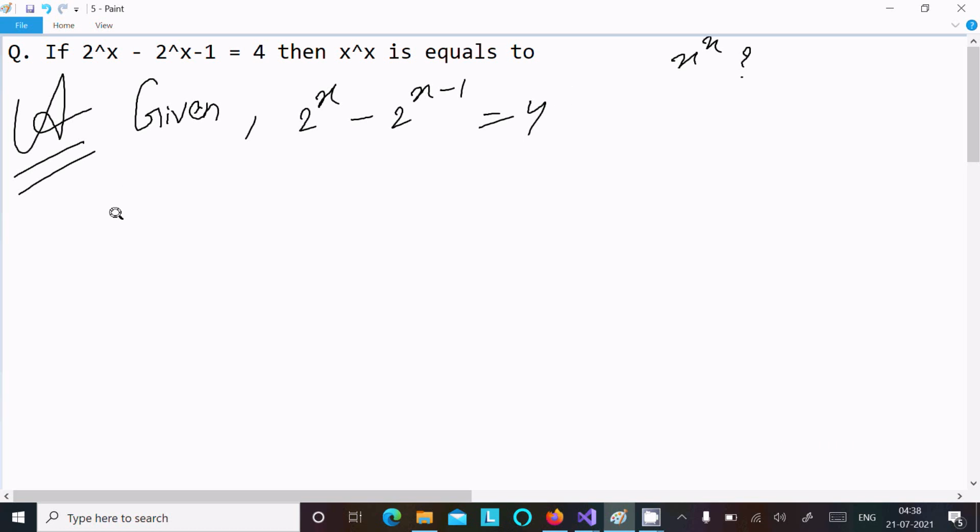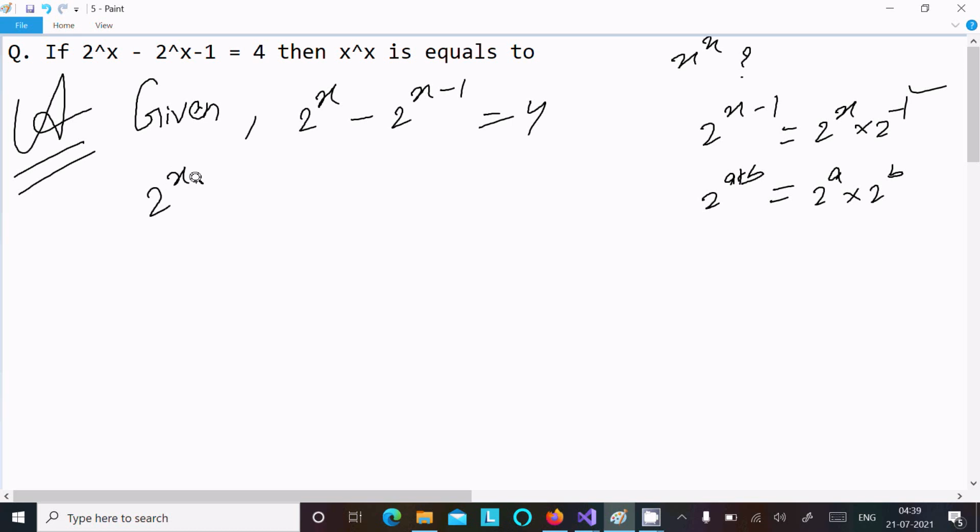Here, for 2^(x−1), we can write 2^x into 2^(−1). If 2^(a+b) is there, you can separate it as 2^a into 2^b, so it's equal to 2^(a+b). So we can write this as 2^x − 2^x into 2^(−1) = 4.